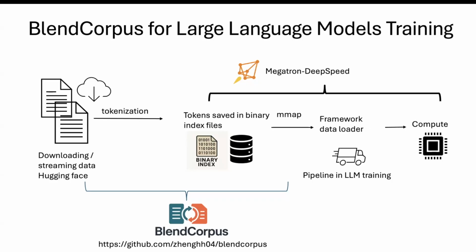After you have multiple corpora, you can mix them with different mixing percentages, and then feed that to a framework like Megatron or DeepSpeed, or many people are using Torch Titan. We just integrated this blank corpus into Torch Titan. So you can talk to me afterward if you are training a large language model and would like to use it. We have a bunch of very useful scripts built throughout the years.